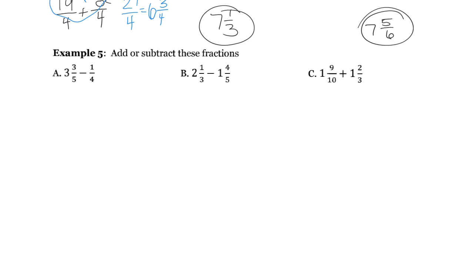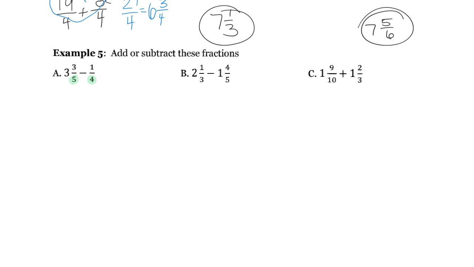Okay, so one more example and then 2 more for you to try. These ones, again, are just a little bit different, as in the fact that they don't have common denominators. So not only do we need to make these mixed numbers into improper fractions, but then we have to find common denominators. So see, things are kind of building upon themselves.